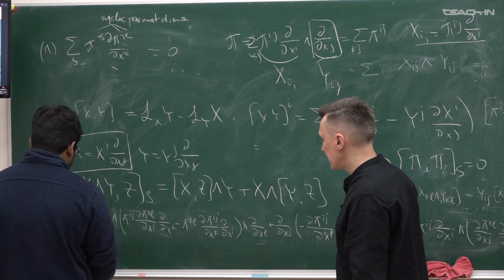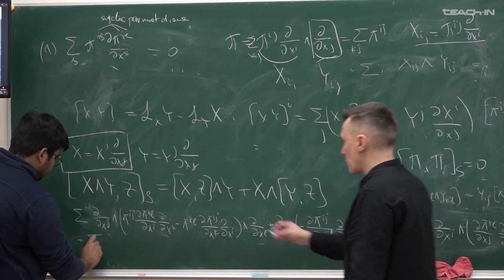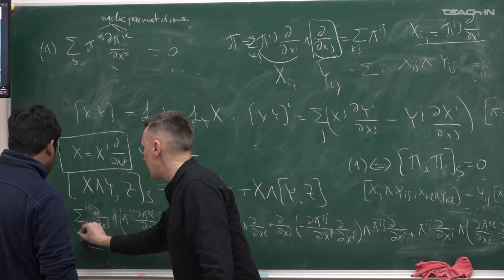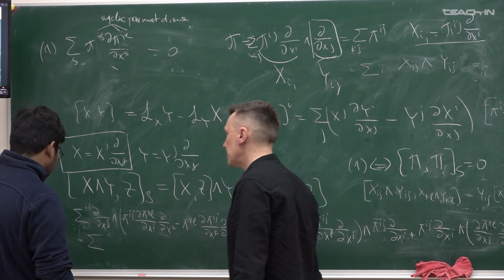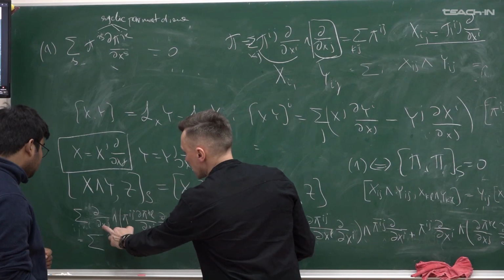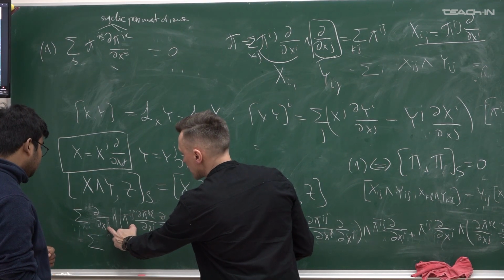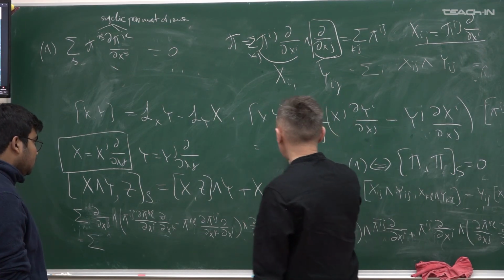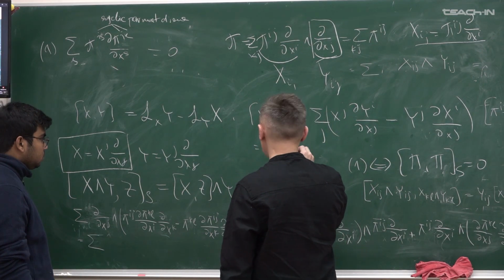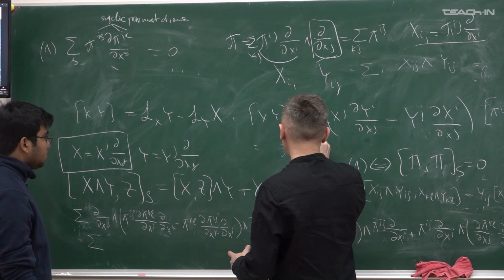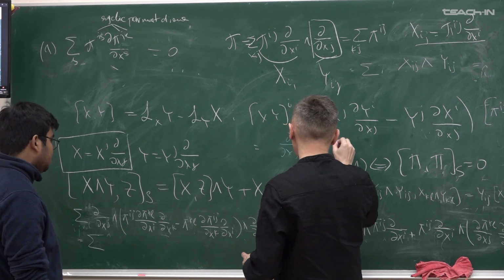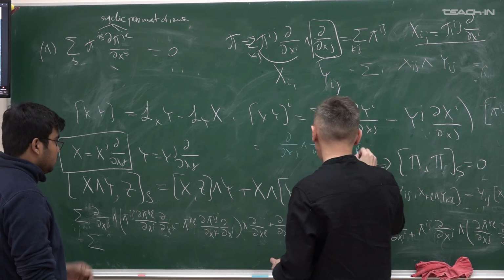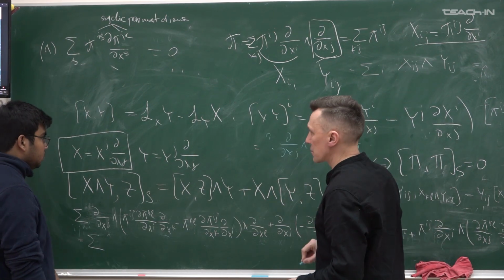So here we have the summation over i, j, k, l. But this trivector has coordinates at j, k, and l: d over dx j, d over dx k, d over dx l, and there is some coefficient.